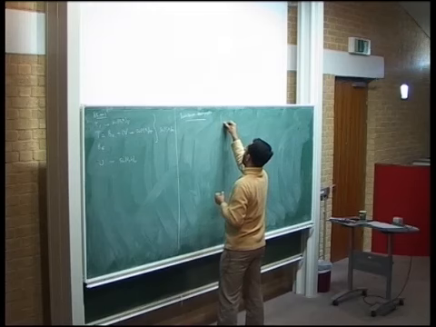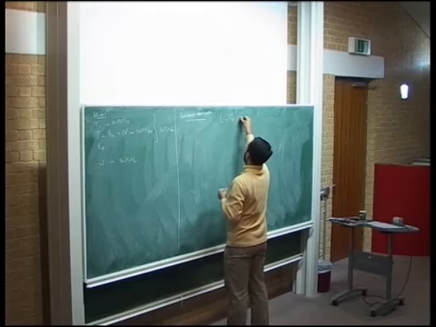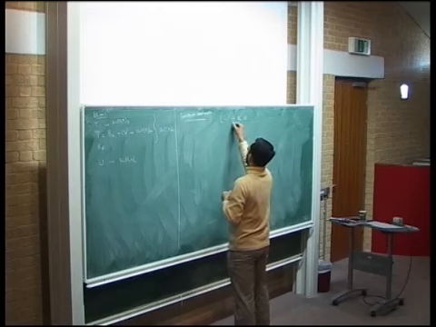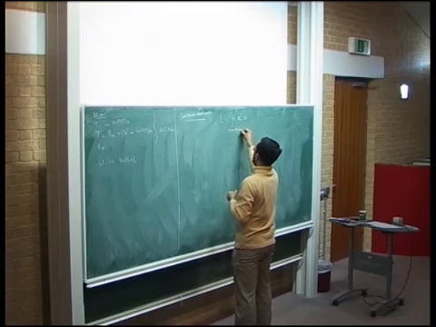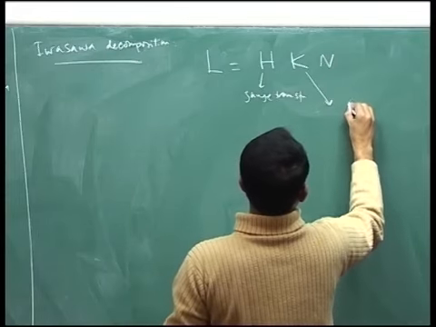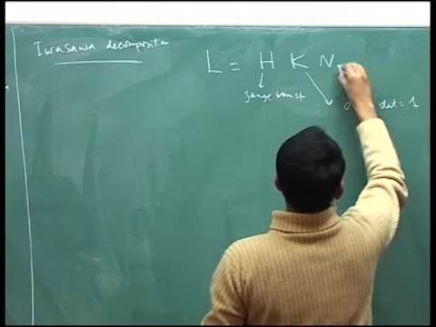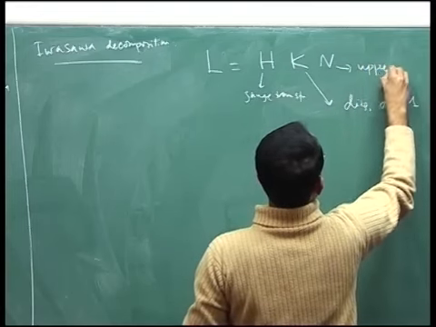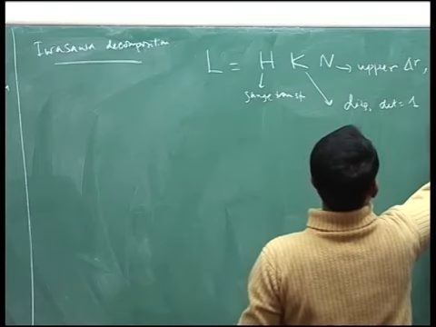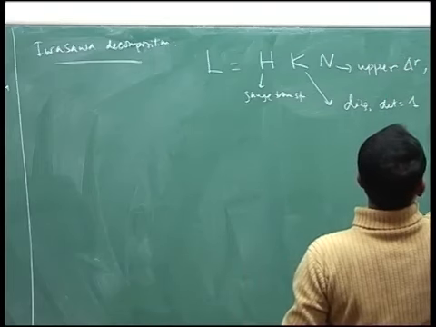For this case, I can write down L as H, K, N, where H is the matrix of gauge transformations. Okay, K is a matrix with only diagonal entries and with determinant equal to 1. And N is an upper triangular matrix with diagonal elements equal to 1.